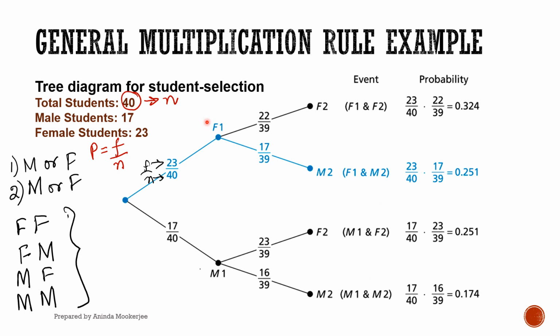Okay, so again, to summarize, the general multiplication rule is used when successive events are dependent on what event occurred previously, and then to calculate the combination of events, you have to multiply the two probabilities, not add like in the special addition or general addition rule. You have to multiply them. All right.